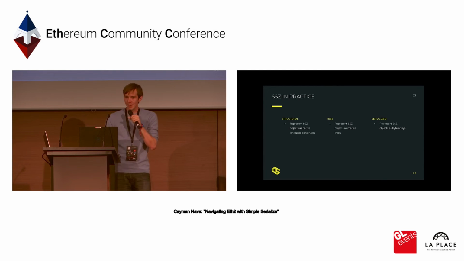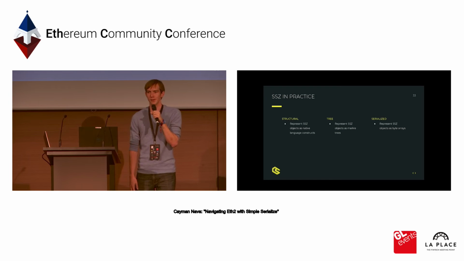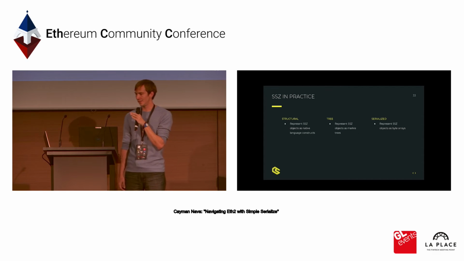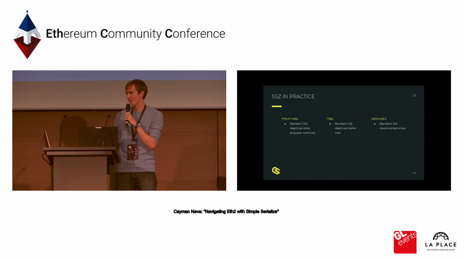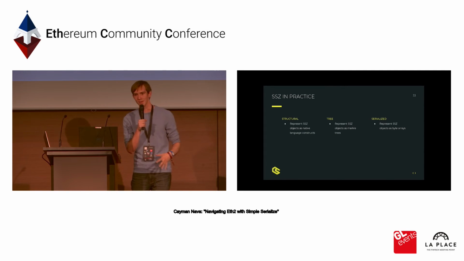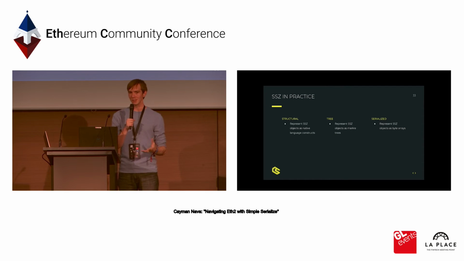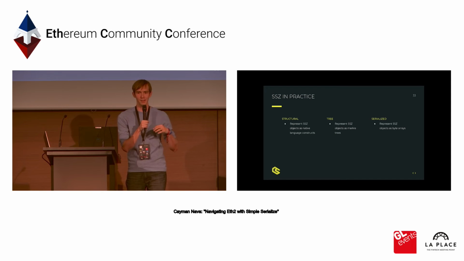So you've actually got 3 different ways of looking at data, and you can have at least 3 different implementations of that data. There's the structural way, where you imagine a collection as maybe a Python dict or a JavaScript object. There's the tree representation, where you could actually work off of a tree directly.